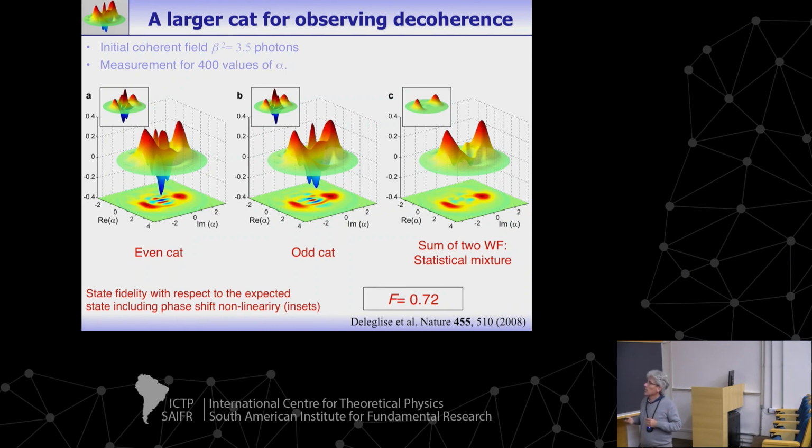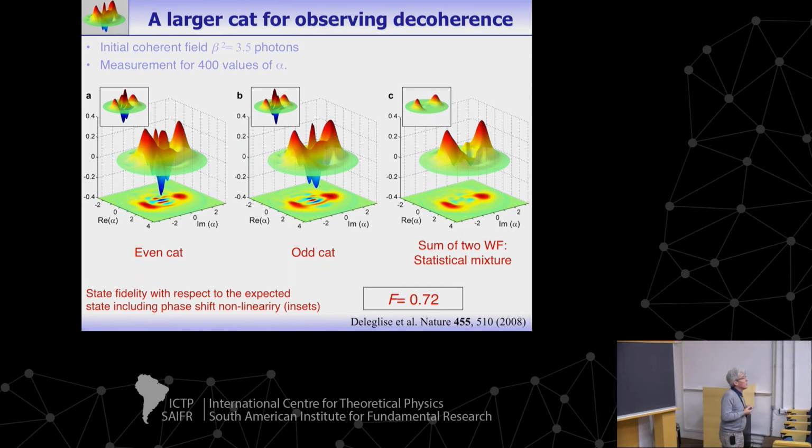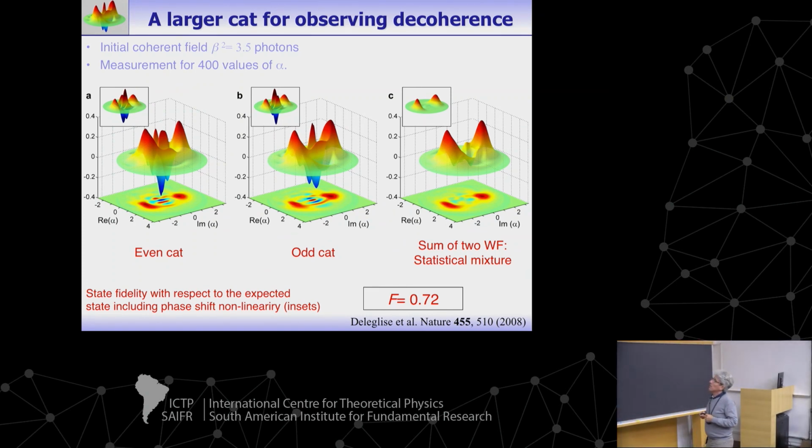Then we perform this characterization for both the even and odd cat states by separately reconstructing them. An interesting point is that if you average the odd and even cat states, it amounts to taking the trace over the atomic detection, ignoring its results. You find not a cat state, but a statistical mixture. You still have the 2 classical components of the field, but you have no interferences at all in between, which means that this state corresponds to a state after decoherence, where the coherence has been killed.